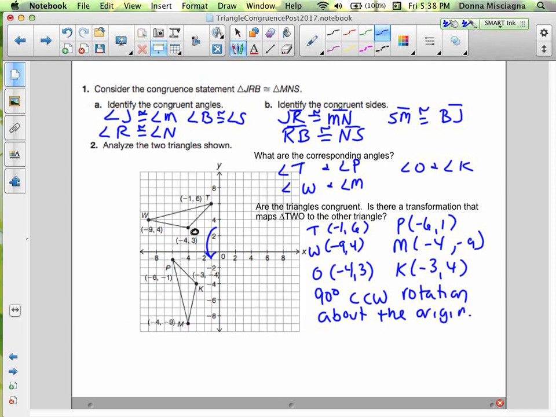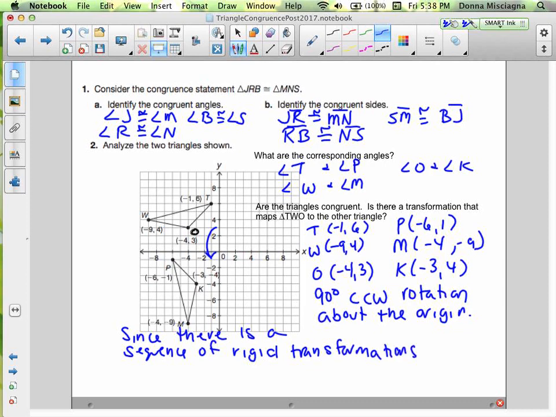All right, so since there is a sequence of rigid transformations that maps triangle TWO to triangle PMK.